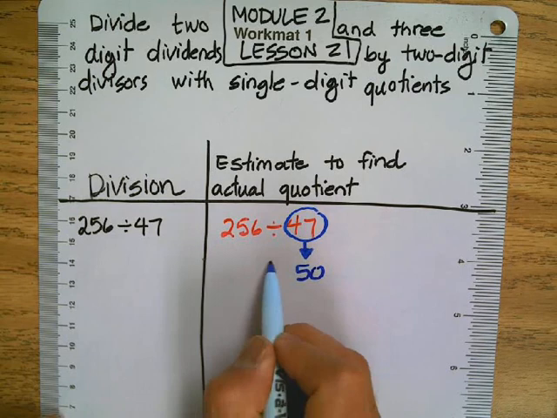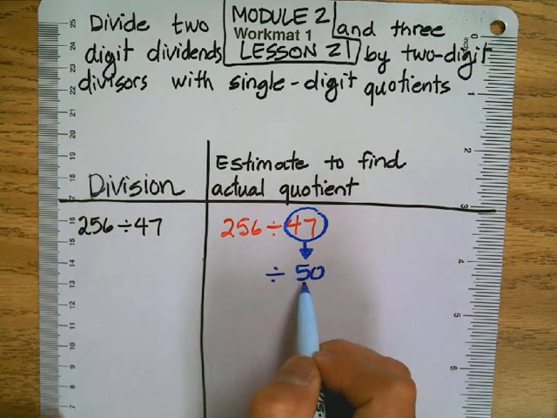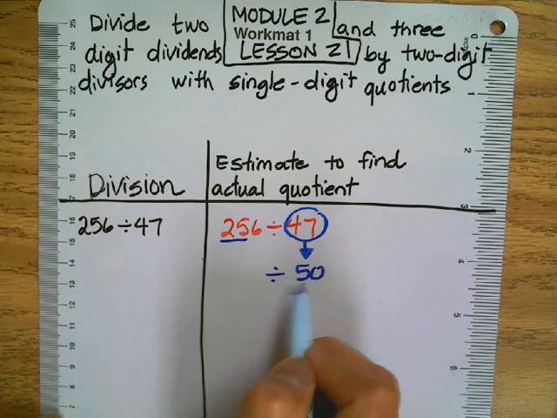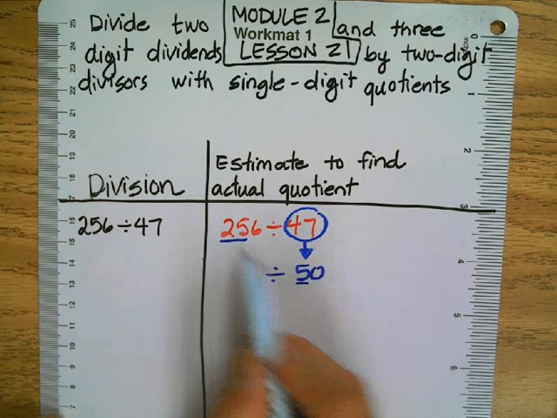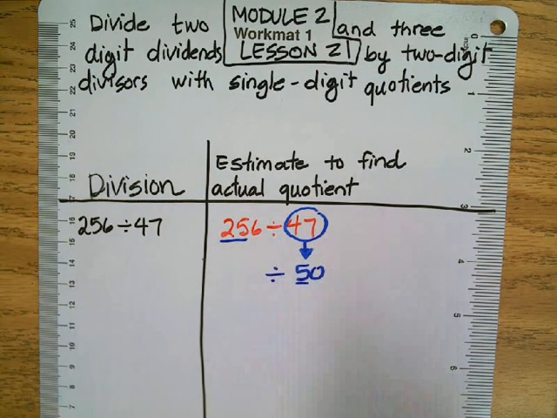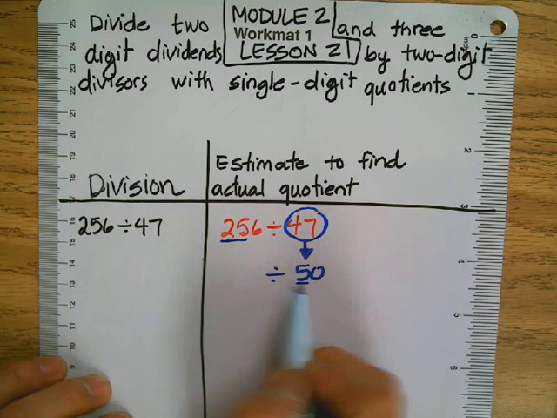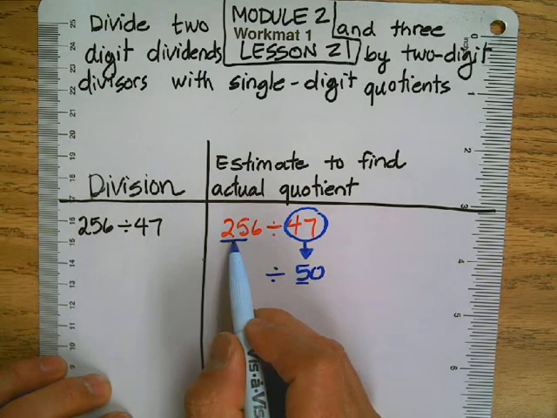So now this gives us the ability to say, okay, if this is 50, how many times does 50 go in? A 5, let's look at the 5 by itself. How many times does 5 go into 25? And you know that the answer is 5. But here's the thing. We're going to look at a multiplication problem that equals almost 250.